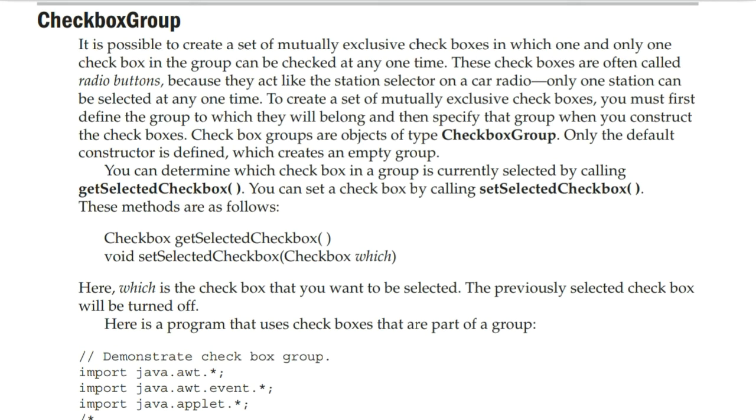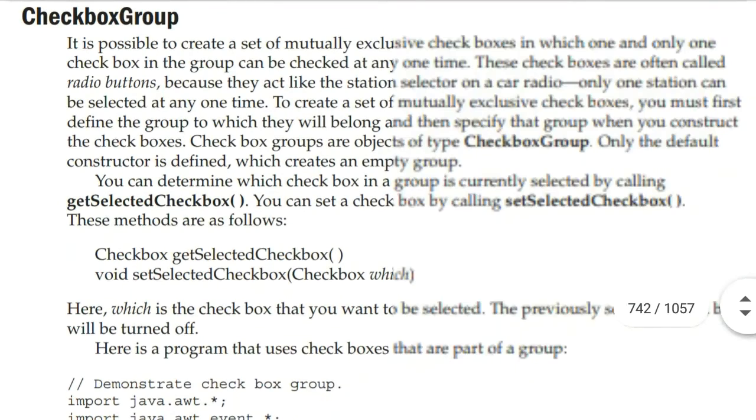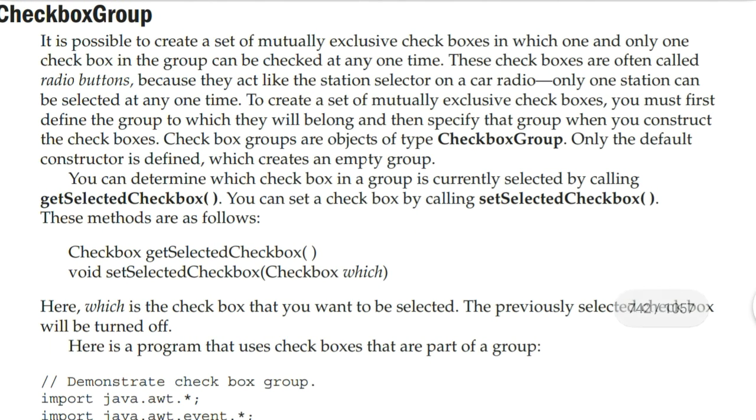Checkbox group. It is possible to create a set of mutually exclusive checkboxes in which one and only one checkbox in the group can be checked at any one time. These checkboxes are often called radio buttons because they act like the station selector on a car radio. Only one station can be selected at any one time.